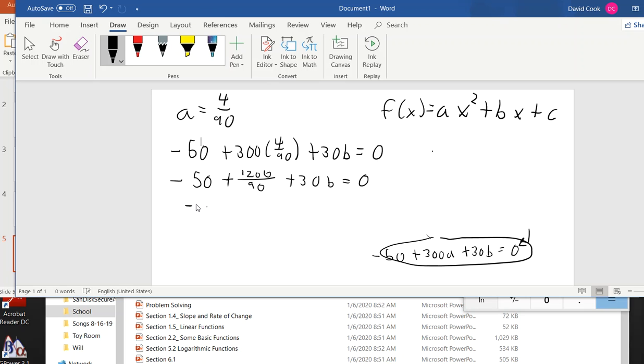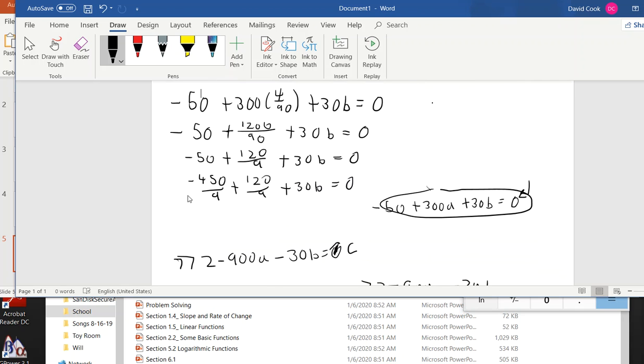So this becomes minus 50 plus 120 over 9 plus 30b equals 0. And then I can write minus 50 as minus 450 over 9, plus 120 over 9, plus 30b equals 0.